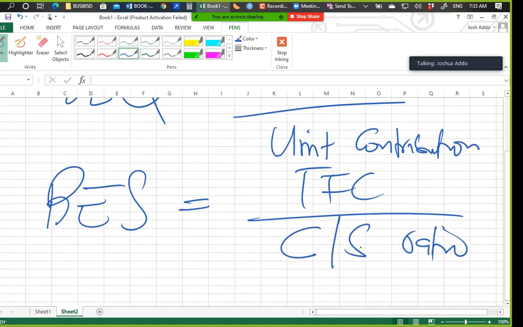And by now, everybody should be very much okay with what stands for contribution to sales ratio. Contribution to sales ratio is also referred to as contribution margin ratio. The contribution margin ratio is a term that is mostly used in American texts. And in British textbooks and other textbooks that are British biased, you will see it as contribution to sales ratio. So they are the same things.